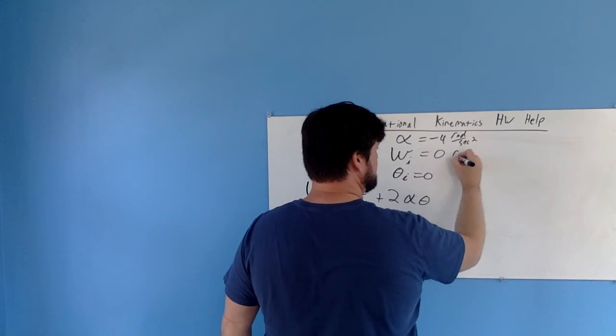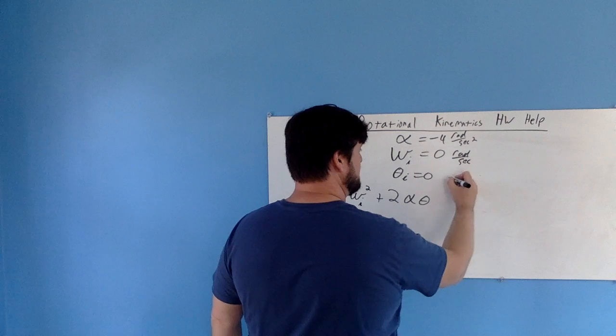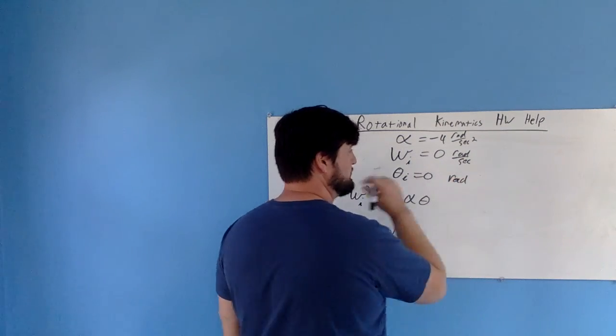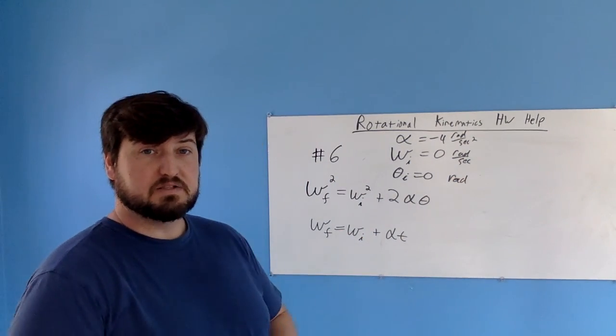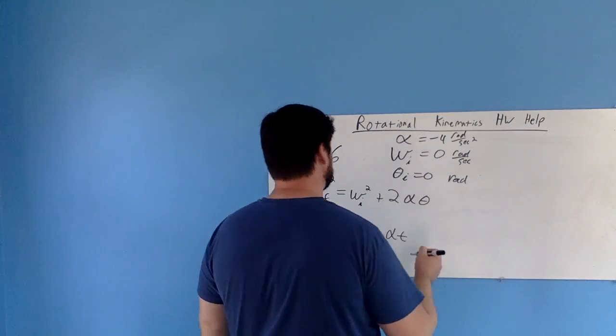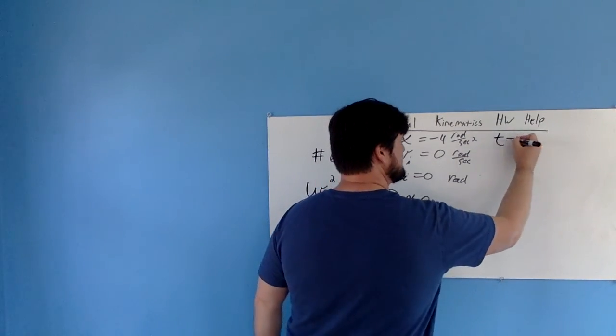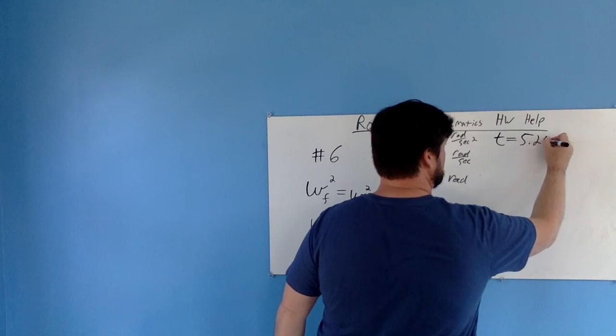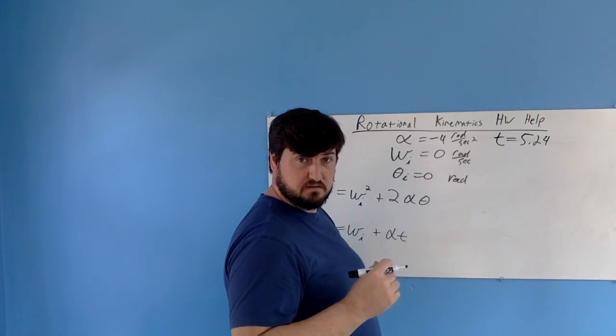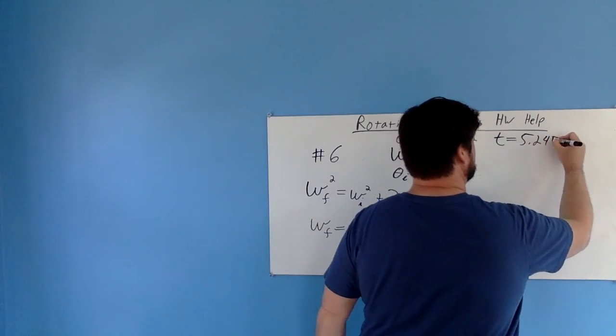Omega, of course, is radians per second, and theta is just radians. It also has a time. Another important thing, it gives us time. t is equal to 5.245 seconds.